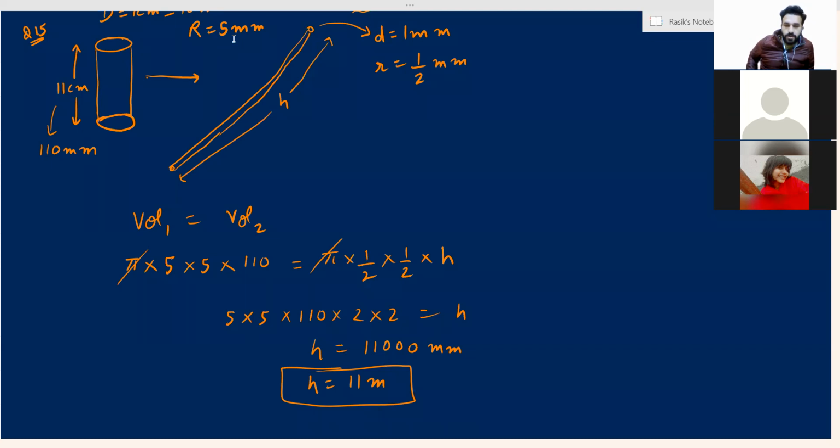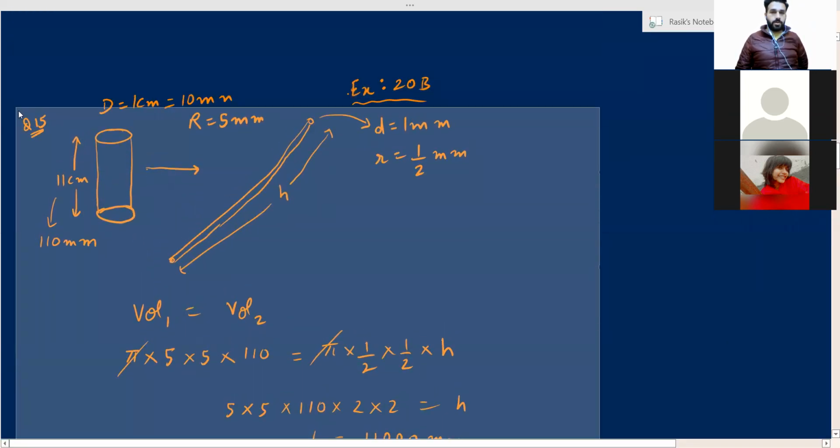You cannot use two different units in the same question. So change the radius of the wire in centimeters and then solve it. Your answer will also be in centimeters.